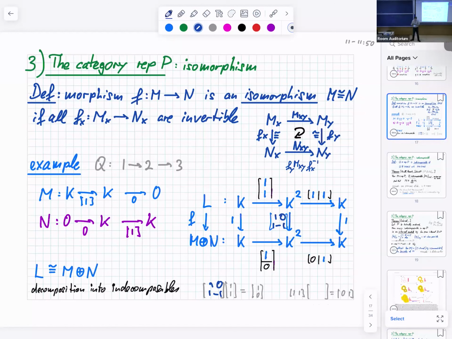So if you do the same calculations here on the right-hand side, so we want to compute this one and that one. In Z2 it works. Let's say we work over Z2.